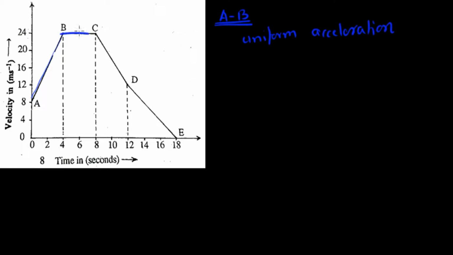From B to C, let me just divide this. That's the second part of my problem, BC, and it's flat. It's parallel to the time axis. It's moving with uniform speed. Well, I was just about to say it was stationary, but this is not a DT graph. This is the VT graph, where parallel lines mean uniform speed.